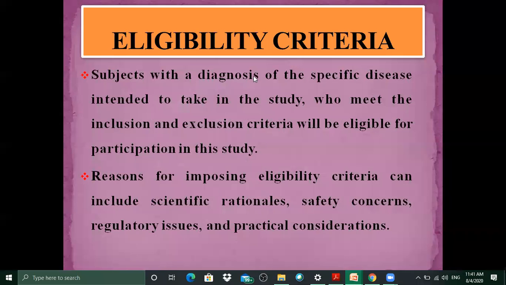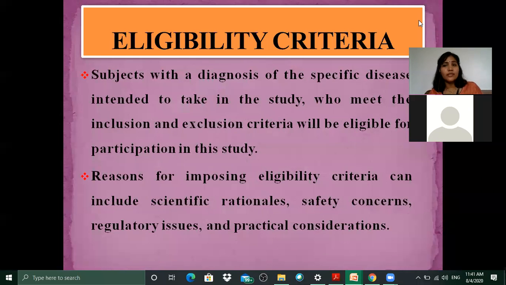Subjects with a diagnosis of the specific disease intended to be taken in the study, who meet the inclusion and exclusion criteria, will be eligible for participation in the study. It is very important to understand the particular norms we have designed for a trial.